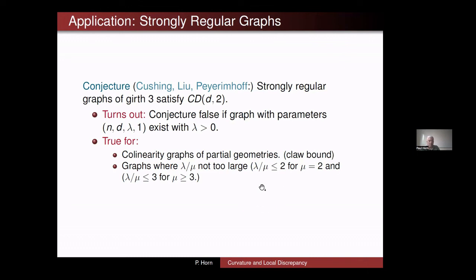So if mu equals 2, we can prove it if lambda over mu is less than or equal to 2, and otherwise we can prove it if lambda over mu is less than or equal to 3. That still leaves a lot left that we're trying to get it for. But if anyone's ever interested in chatting about strongly regular graphs, perhaps this is a place to find people. I would appreciate it.